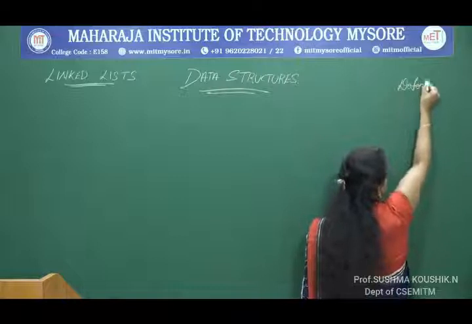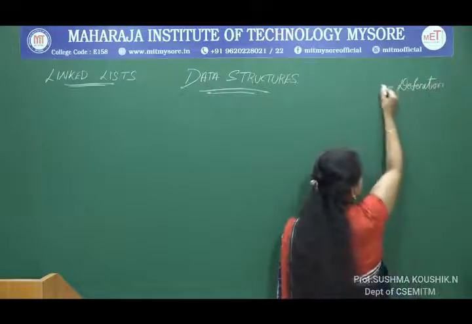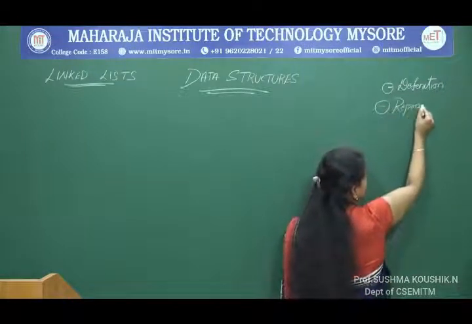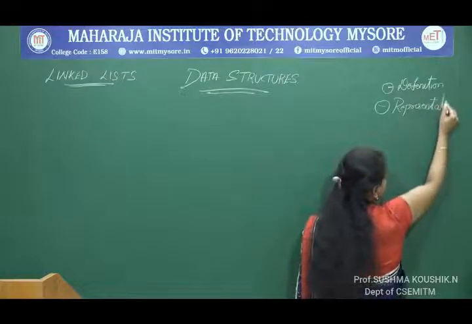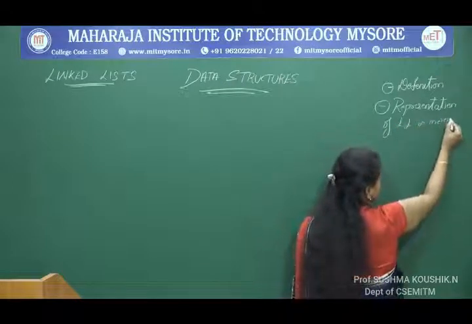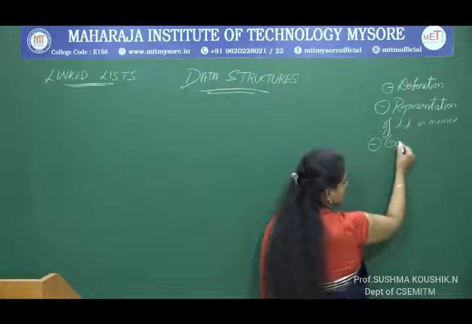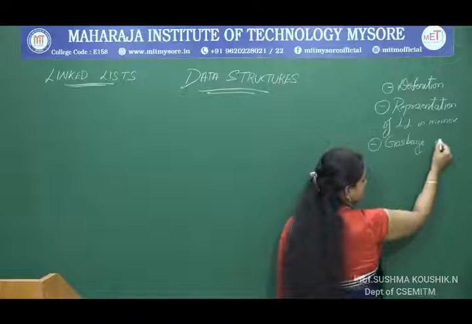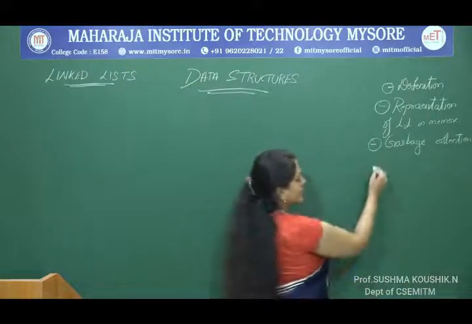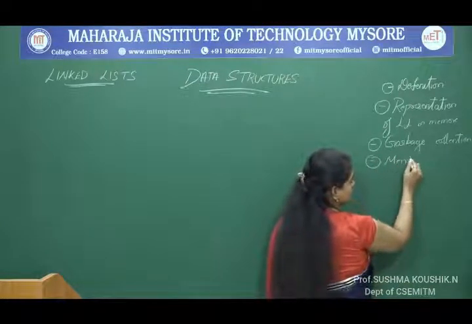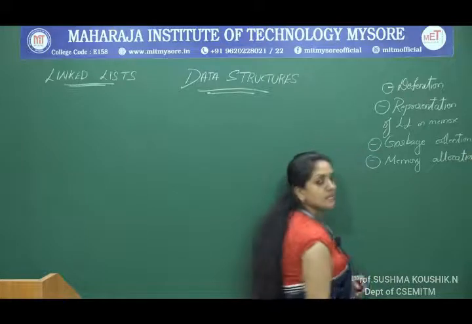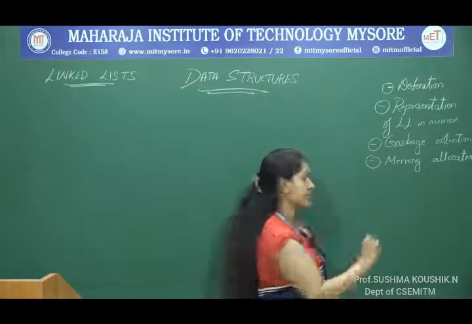Linked list definition, then we will see the representation of linked list in memory, garbage collection, then comes memory allocation, and then operations on linked list.